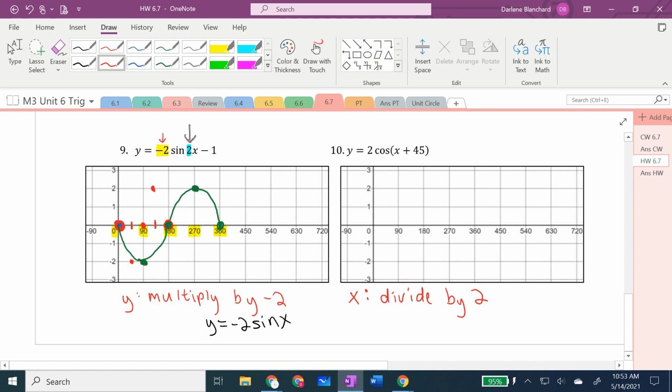So when I go to graph the function y equals -2 sine 2x, that's going to give me this graph. Now I'm going to erase the green graph because we're not done. But this is the result of the multiplication.